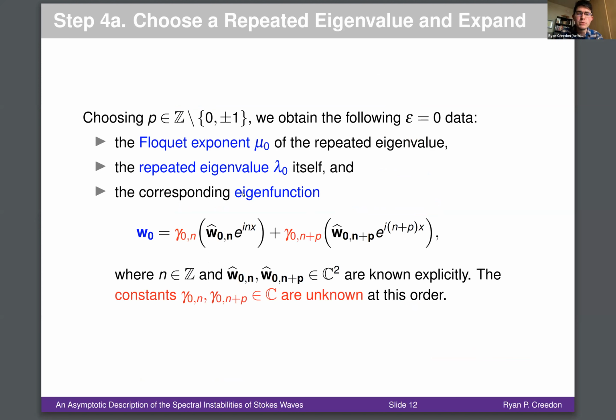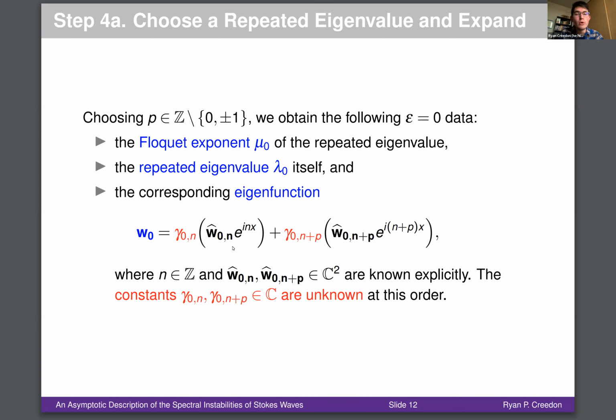It should be no surprise when you look at the expansion of this eigenfunction that there are two linearly independent directions. That's because the repeated eigenvalue we're expanding around has algebraic multiplicity 2, and it also has geometric multiplicity 2. So you end up getting these two independent directions.